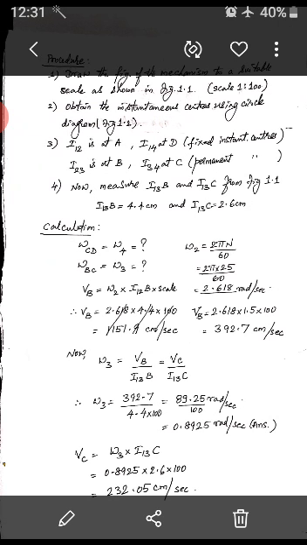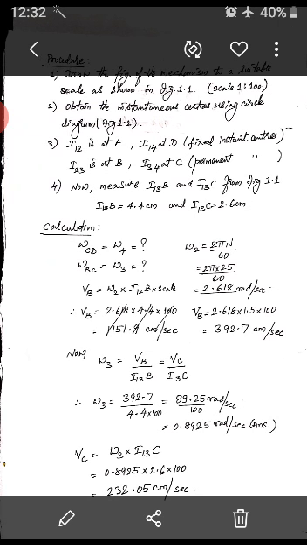But actually it will be 4.4 into 100. You should not forget the scale. The scale is 1:100, so we have multiplied 4.4 into 100. So the answer is 0.8925 radian per second. Omega 3 is ready first.